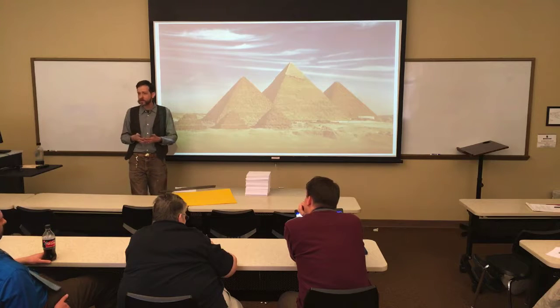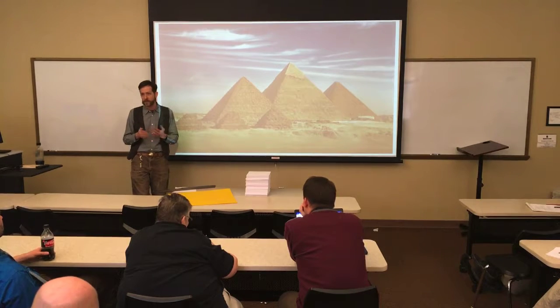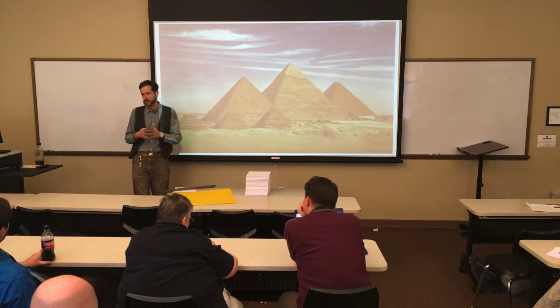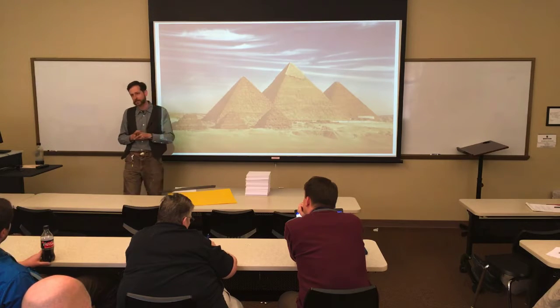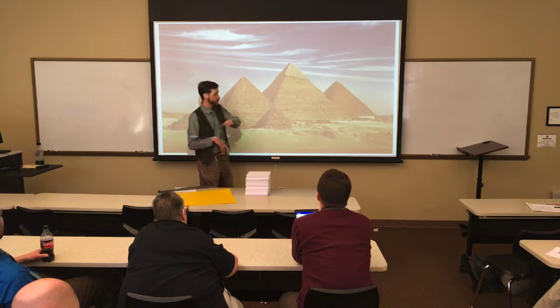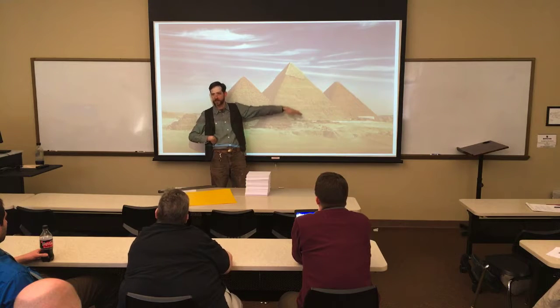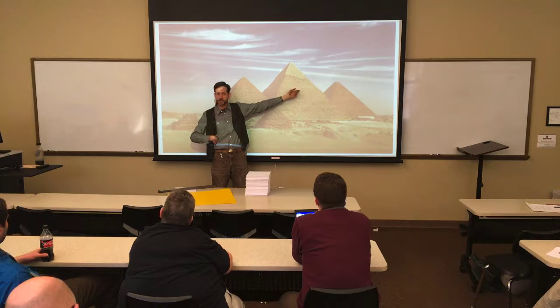But we are talking about a sizable workforce building a lot of stuff in a short period of time. There are three main ideas as to how that could have happened. And the two most prominent, although not accepted by everyone, are one, that rather than building a ramp up to the side of this thing where they could drag the stones up, because then by the time they get to the top, the ramp actually contains as much stone as the pyramid does, because they can't just use dirt, it has to actually be a stone ramp.